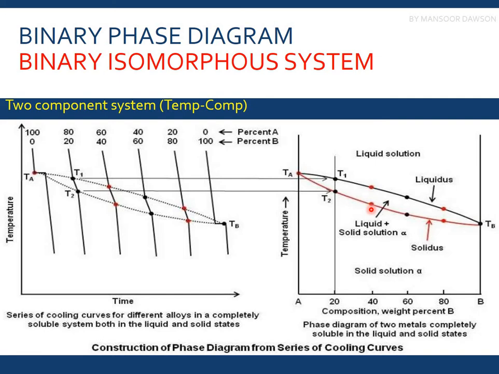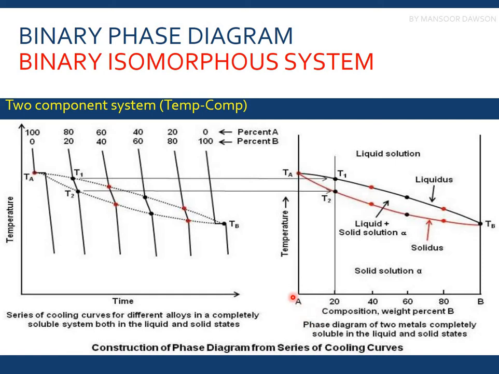So here we can see that there is a solidus and a liquidus line, and in between those lines there is some gap. If the substance were a pure substance, there wouldn't be a gap, but there is a gap between the liquidus and the solidus line, because this is not a pure substance. This is a solution. If you look at this point A, there is only one point, because only A is present.